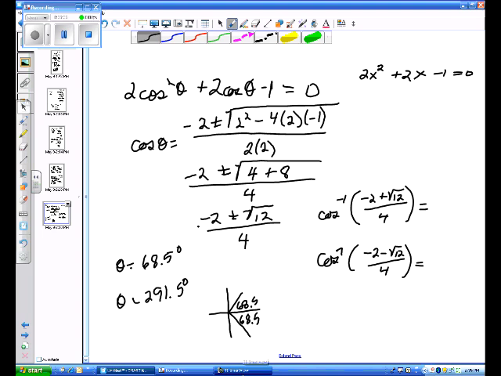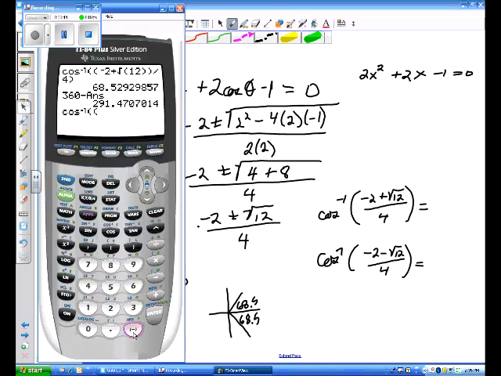Then we want to go back and we want to do the minus. So we can do second cosine, then parentheses, -2 minus the square root of 12. Okay, close the radical, close the numerator, divided by 4, close the function, enter.